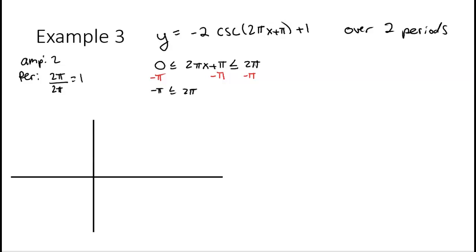So I get 2 pi x and just pi, and then divide everything by 2 pi, not just 2 pi, and I'm going to get a negative 1/2 all the way to a 1/2. And again, the distance between a 1/2 and a negative 1/2 happens to be 1.